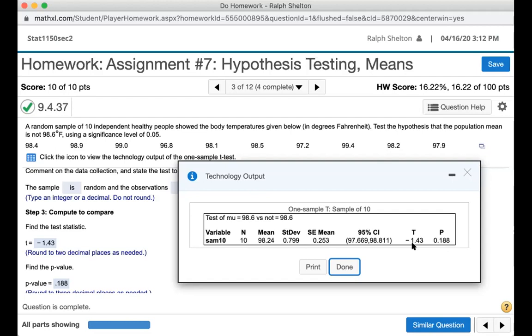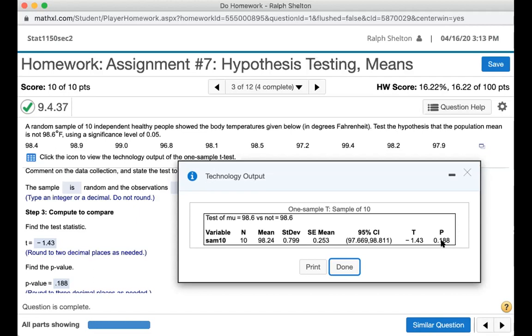Since it's a two-tail test, though, also keep in mind more extreme could be a number that is bigger than positive 1.43 also, right? It can be out in either tail. So it's saying the probability that you got something bigger than a plus 1.43, together with the probability you got something less than minus 1.43.